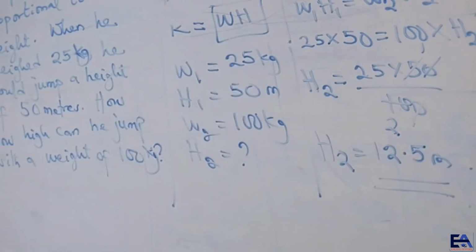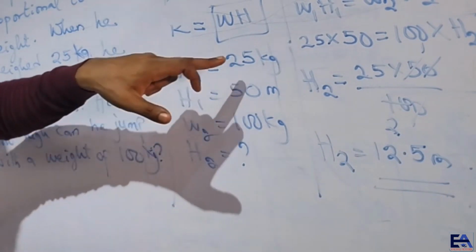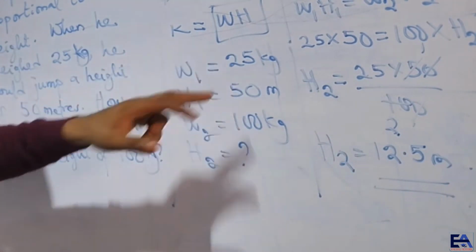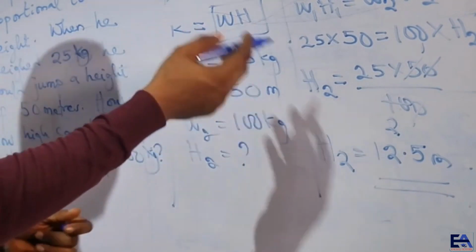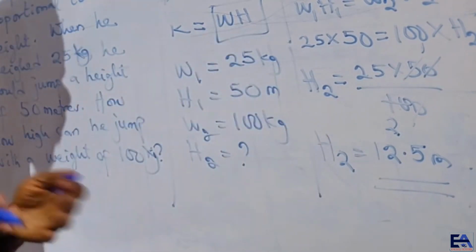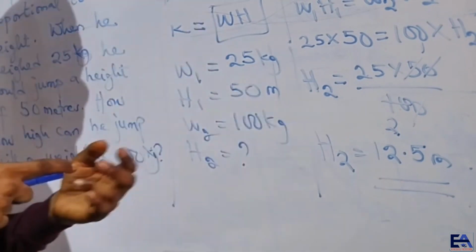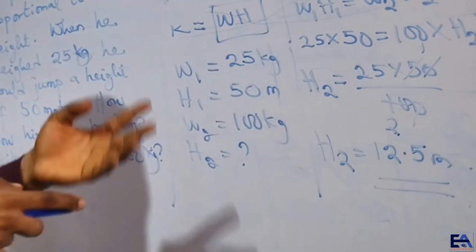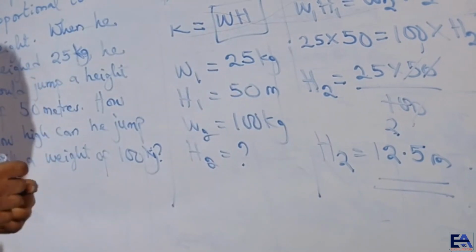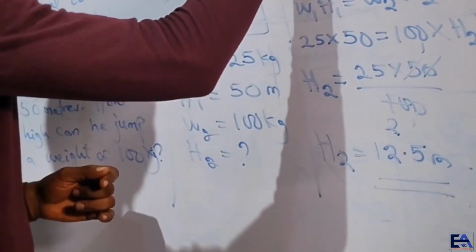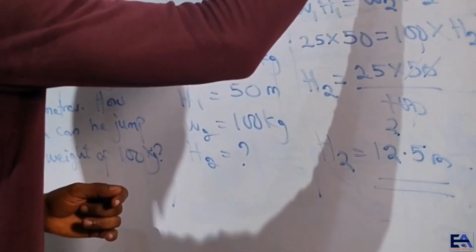Now, if you want to test whether we are correct, multiply 25 by 50. It's just like saying 250 in 5 places. 250 in 4 places is 1,000, and in 5 places it will be 1,250. So the constant value is equal to 1,250.